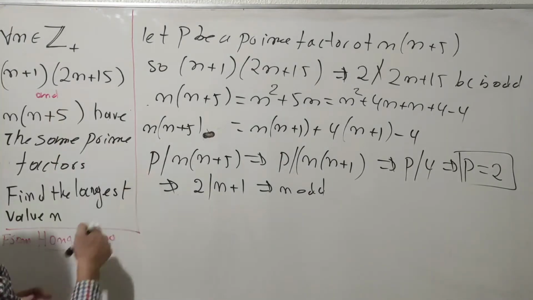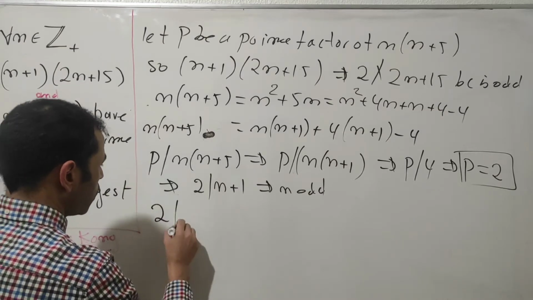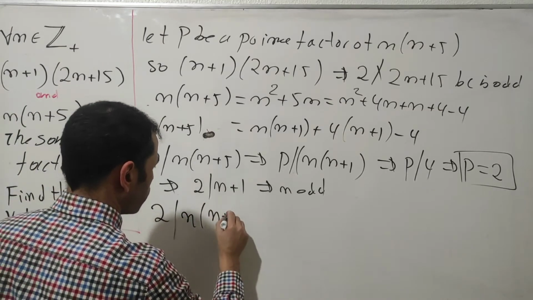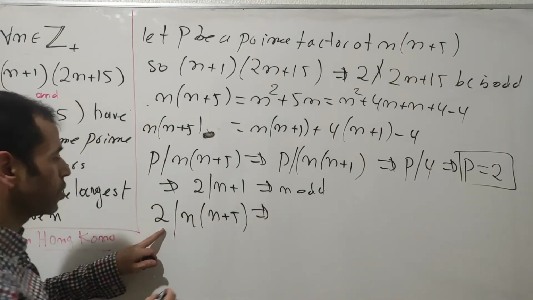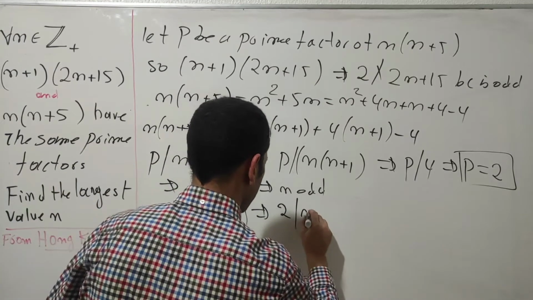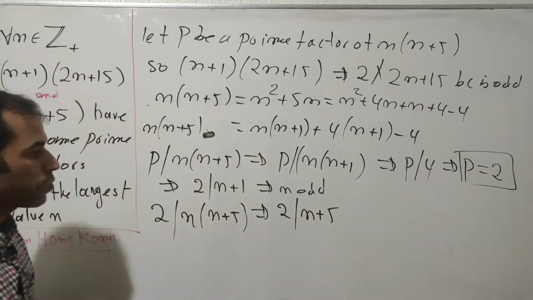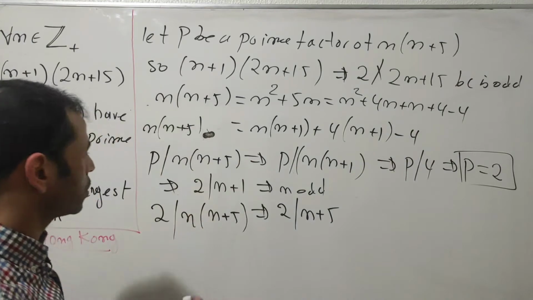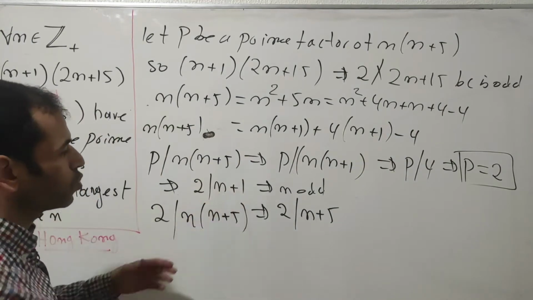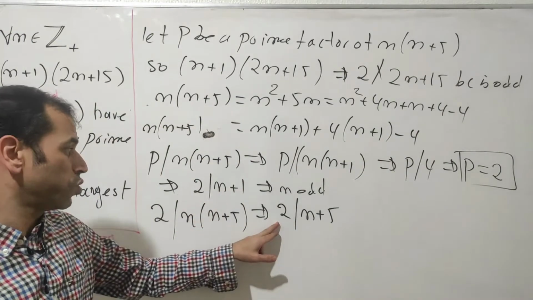Also, if you take a look here, 2 divides n times (n plus 5). Since n is odd, 2 must divide n plus 5. But since we found p equals 2, n plus 1 is going to have only one prime factor, which is 2.